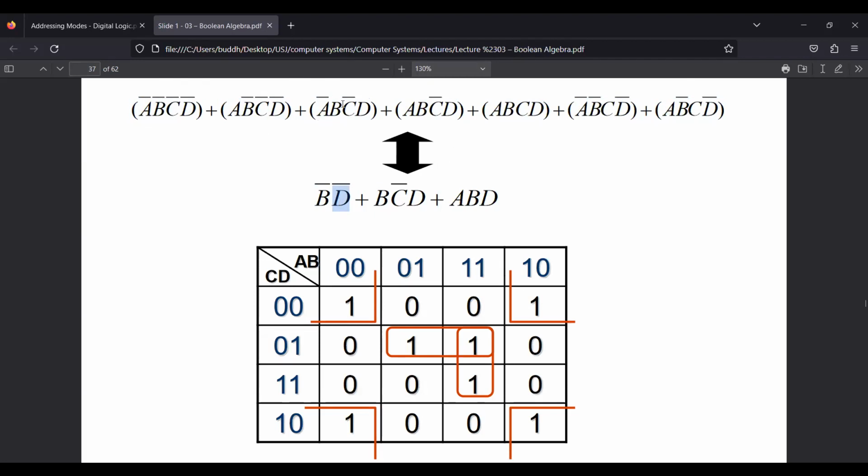So the equivalent work will be very easy compared to the Boolean algebra. If you are using Boolean algebra, then this problem will be a bit hard, right? So we can easily see the groups or the answer by using the map.